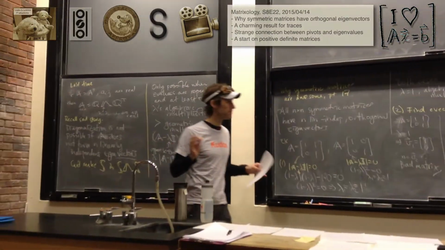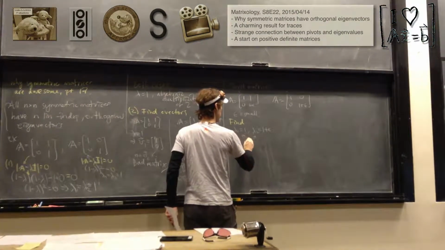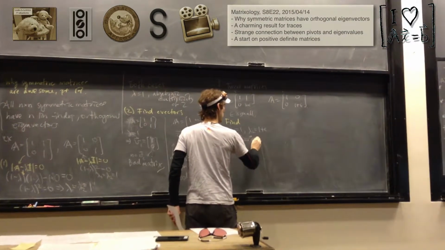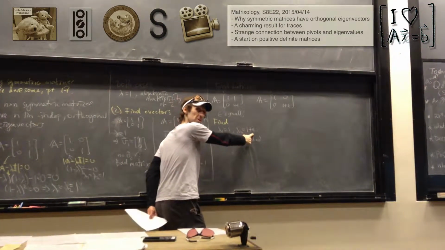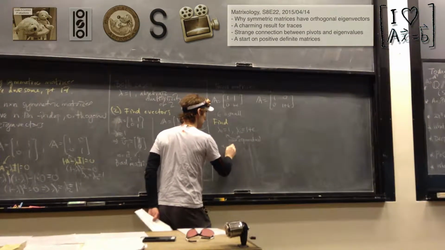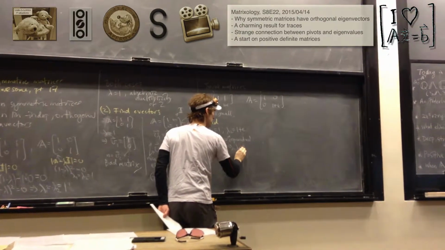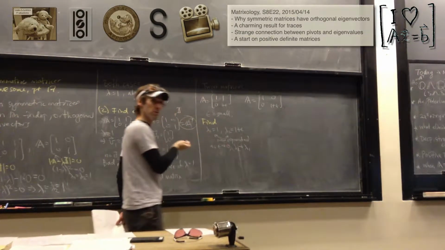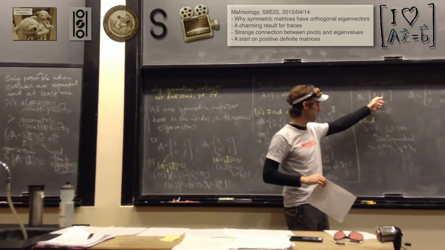Now they're separated. But as epsilon goes to 0, lambda 2 will approach lambda 1. So we'll collapse back. The matrix itself collapses back.